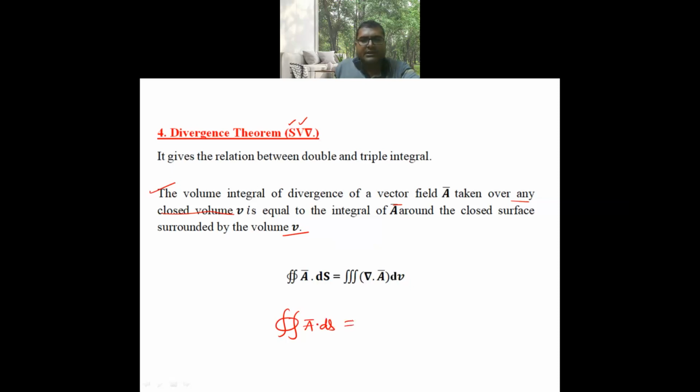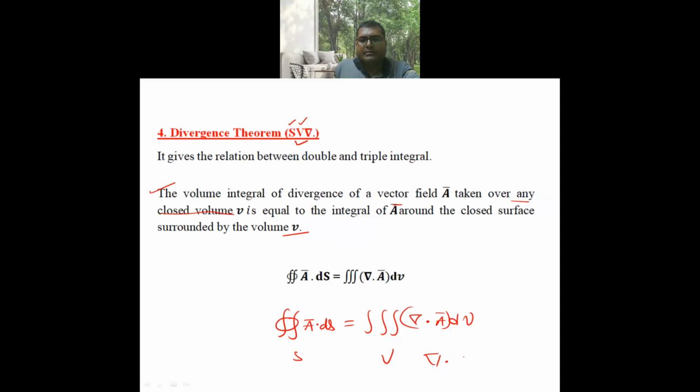As we discussed in the previous slide, closed surface resembles an open volume, and it is del dot A dV. That's what I wrote here, SV, surface to volume, divergence.